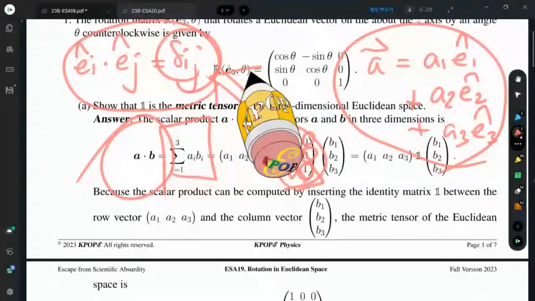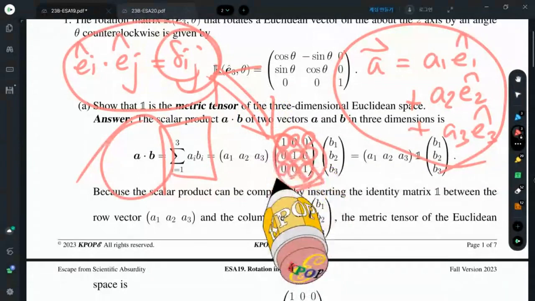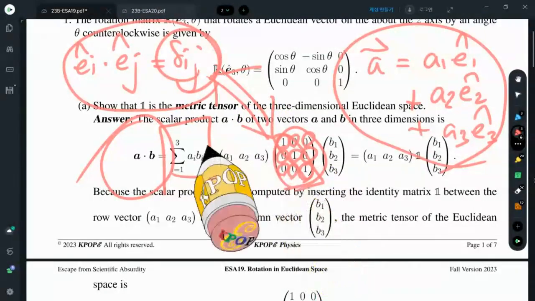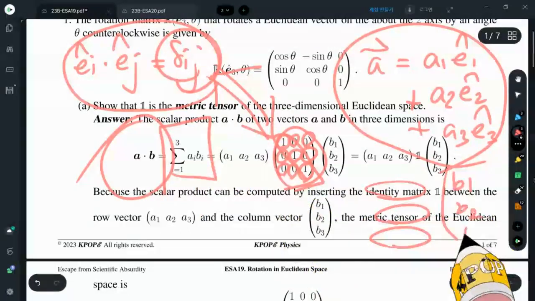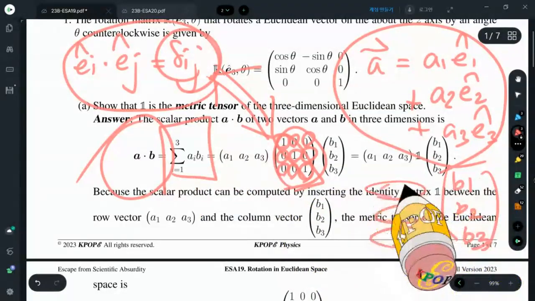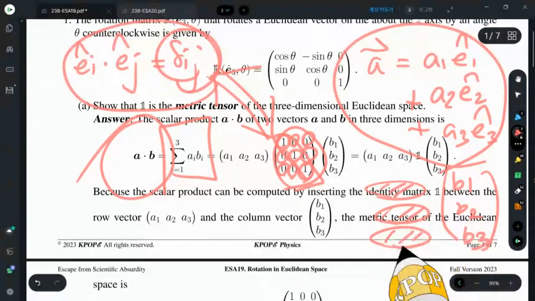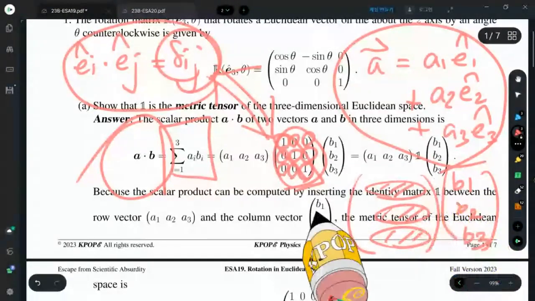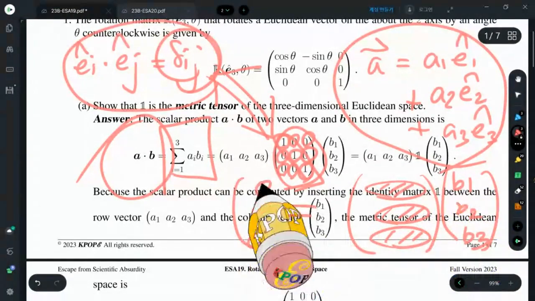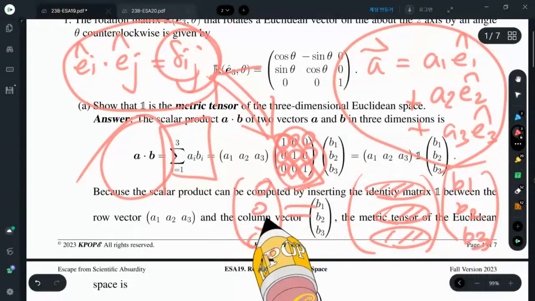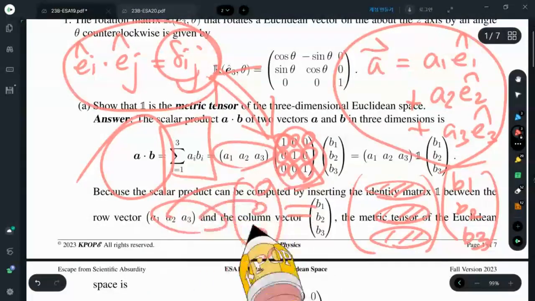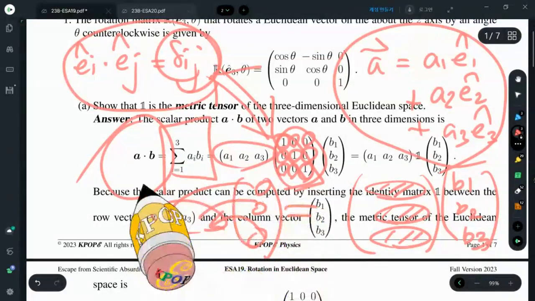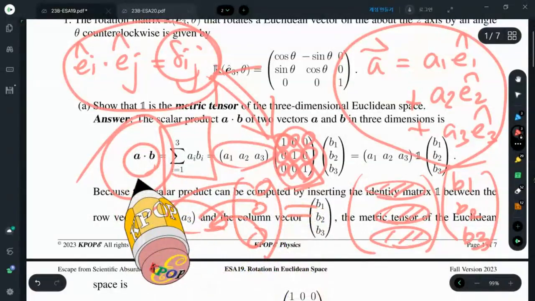In general, I can insert any 3 by 3 matrix because b1, b2, b3 can be multiplied to these 3 rows, and then after multiplication, it becomes a single column, and then it is to be multiplied to this row. In that case, we end up with a single scalar, that is a single number.